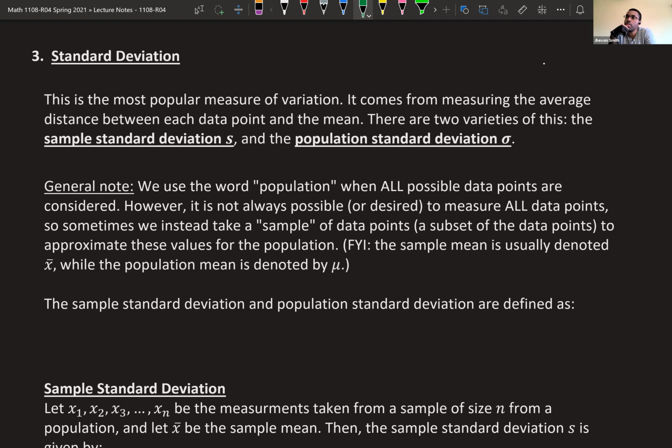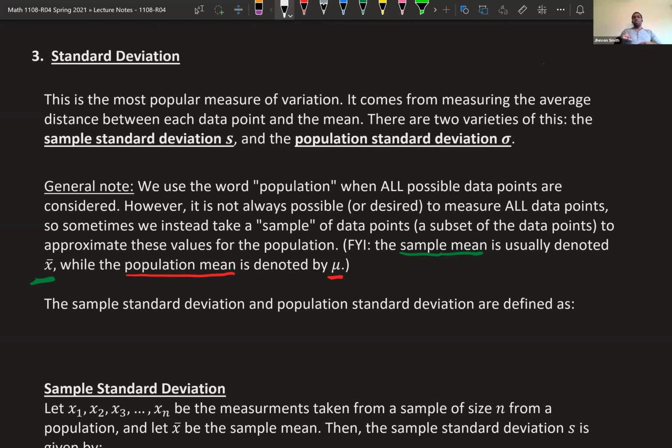If we think of those n values as the entire population, like we actually measured everybody, then you'd use the Greek letter mu. So sample mean is x bar, population mean is mu. Okay, so that's just the notation that we always use.